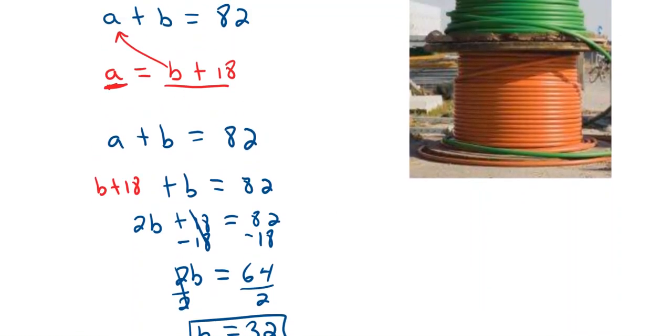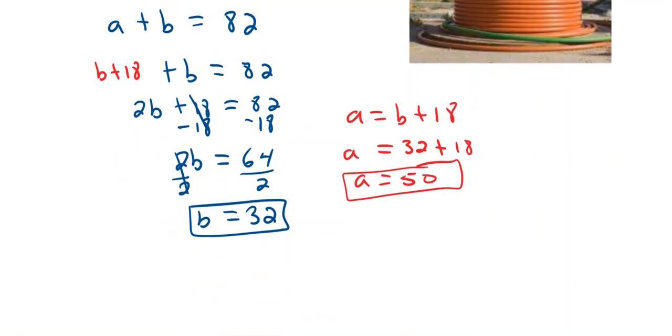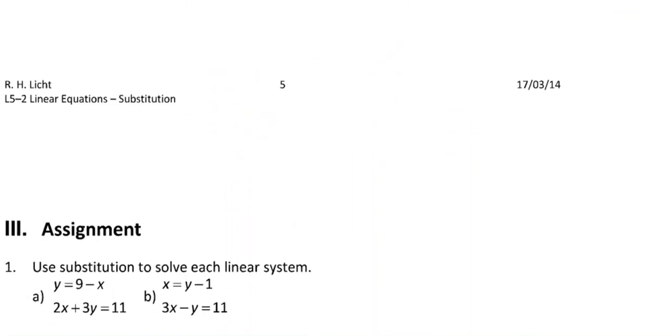We'll throw it into the red one, A is equal to B plus 18. So A is equal to 32 plus 18, so A is equal to 50. All right, and that's it.